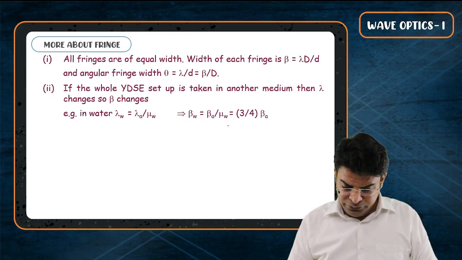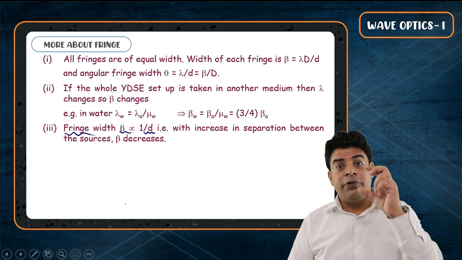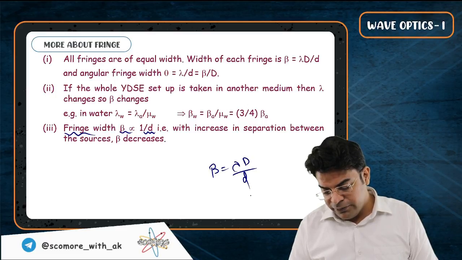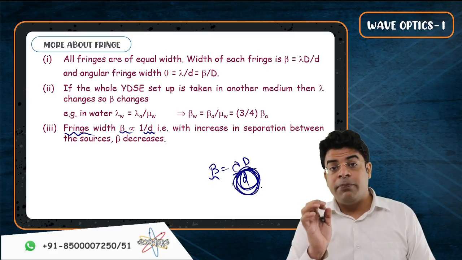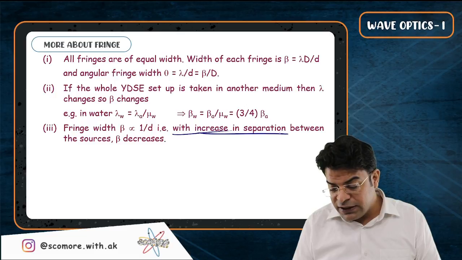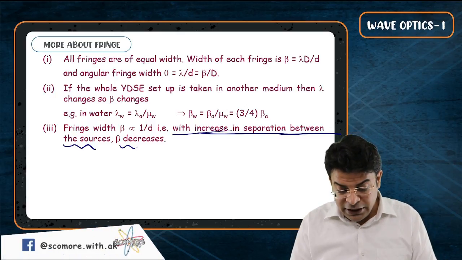Next, bachcho, fringe width is inversely proportional to the separation between the slits. We have got that fringe width equals lambda D by d. So fringe width is inversely proportional to the separation between the slits. That is, with an increase in the separation between the sources, the slits, beta decreases.